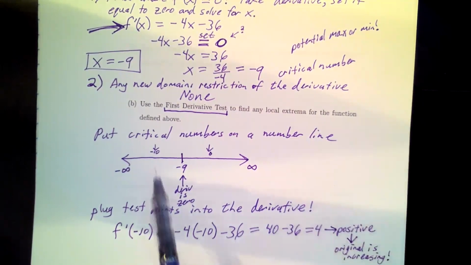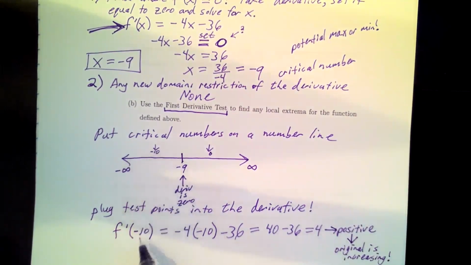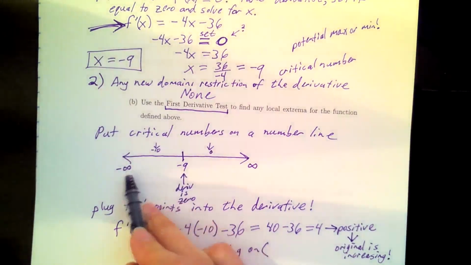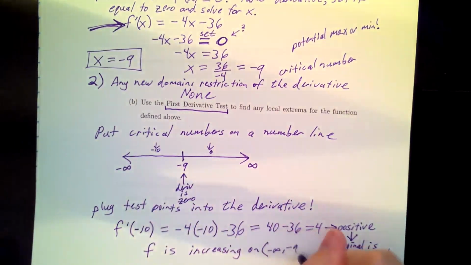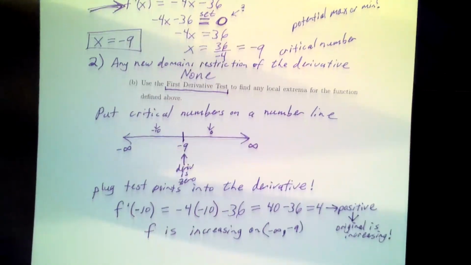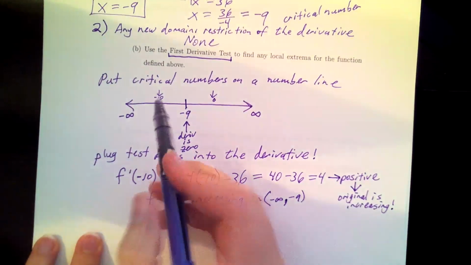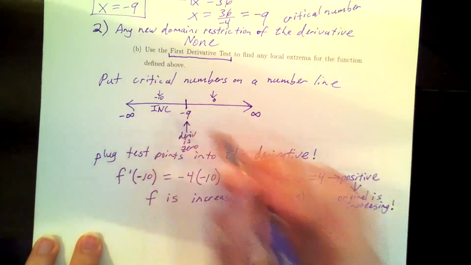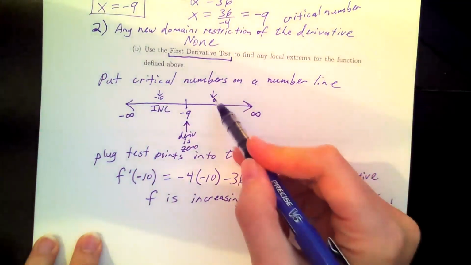So that means on the interval I pulled that test point from, -10, on that whole entire region, my function is increasing. So let's write it out. F, the original function, is increasing on that first interval, -infinity to -9. If I scooch on down here, I just tested this interval here, so I'll write here that my function is increasing on that interval.